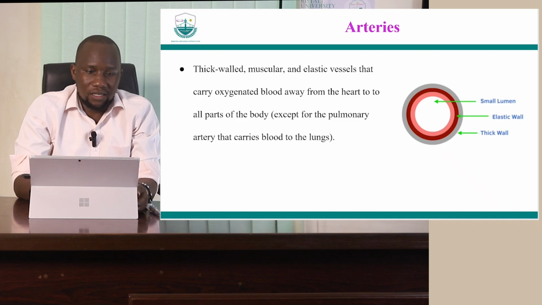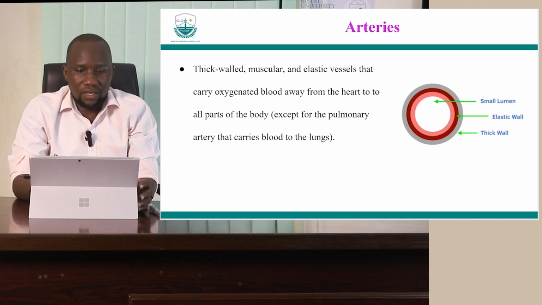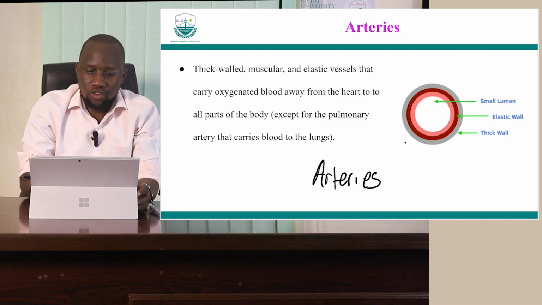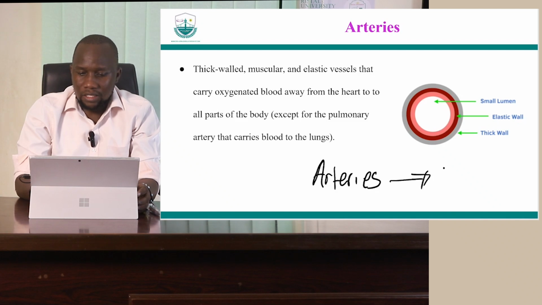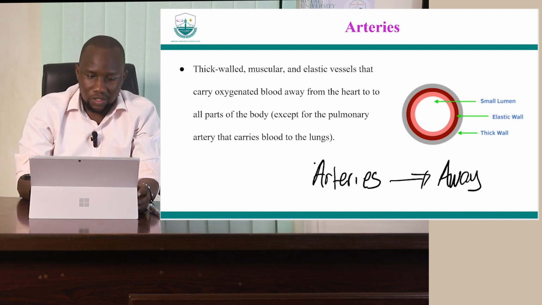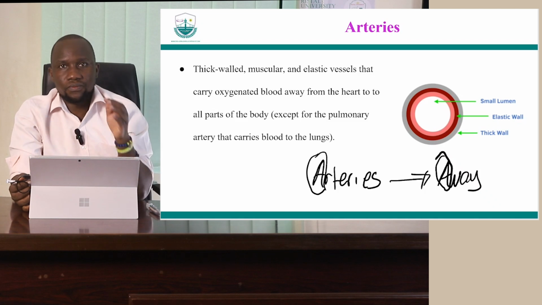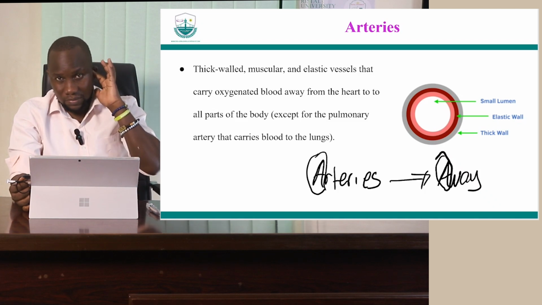We said for you to easily remember, when we talk about arteries, that A helps you to remember that it takes blood away from the heart. So this A for arteries should make you remember that the blood is carried away from the heart.